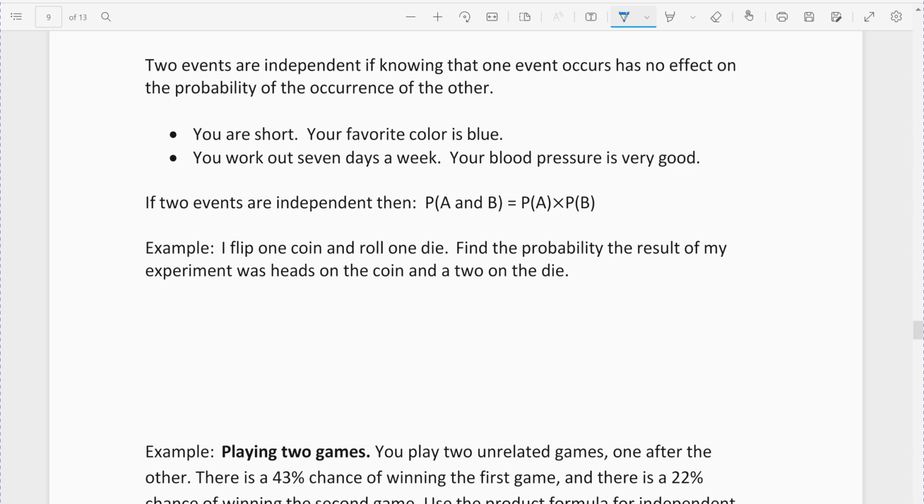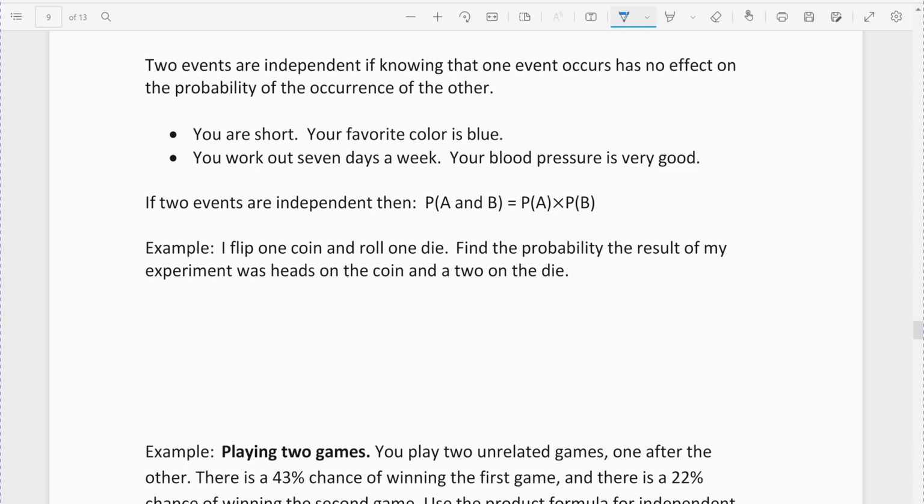All right, so an example of two events that are independent is you're short and your favorite color is blue. The probability you're short and the probability your favorite color is blue have no effect on each other. Being short and liking a color have no effect on each other, right? You work out 7 days a week, your blood pressure is pretty good.